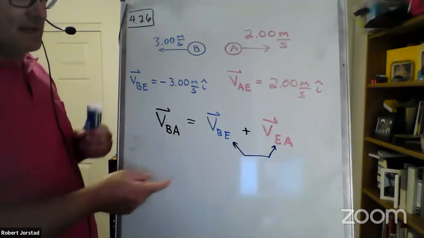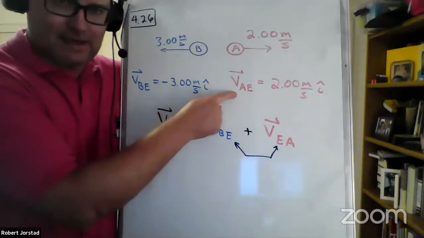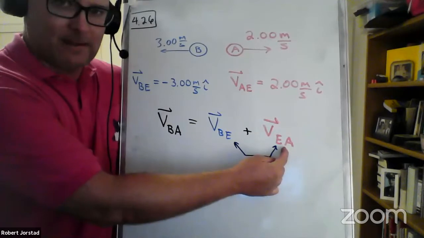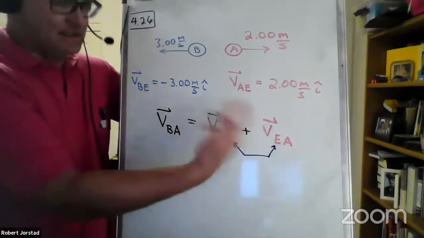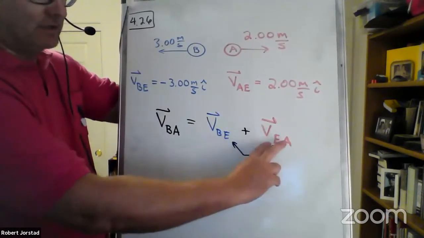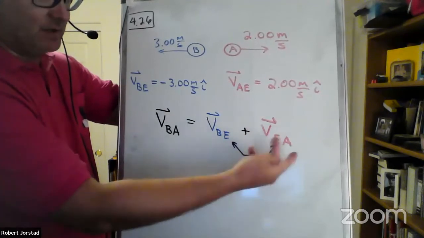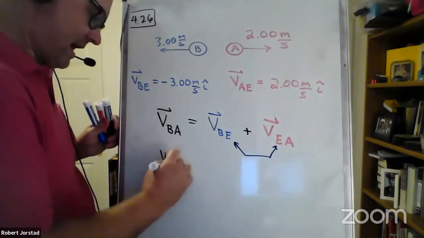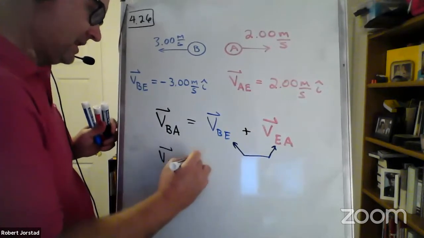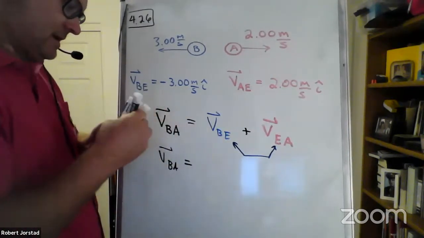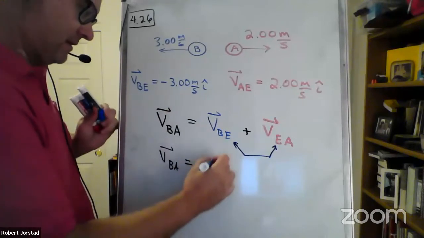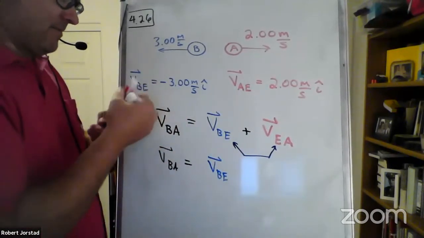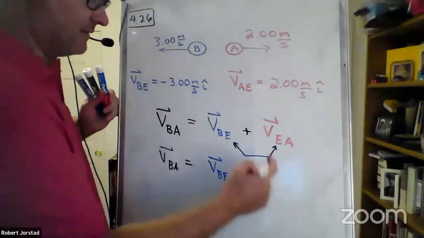Now I can see right here, I have AE, but the equation I have memorized calls for EA. Just because it's easy for me to memorize this, I'm like, oh, all I have to do is switch this. And if I switch it, I introduce a minus sign. So I'm going to rewrite v_BA is equal to v_BE minus v_AE.